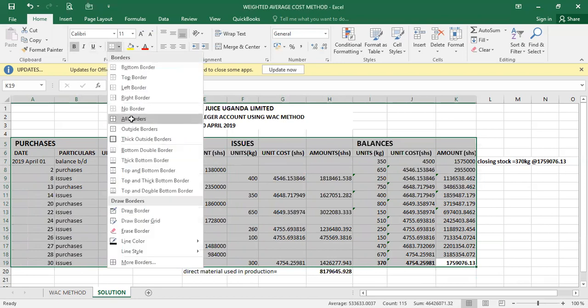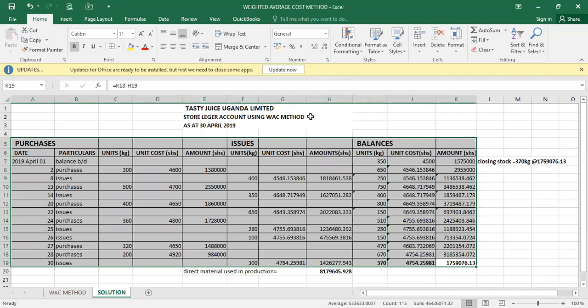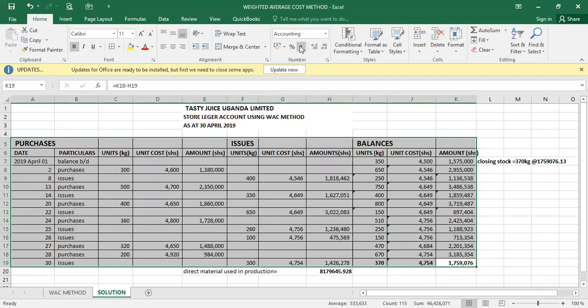We put all the borders, and we can also put the separators so that we can identify them. When you put the separator, you are removing the points, but you can maintain the points if you want.